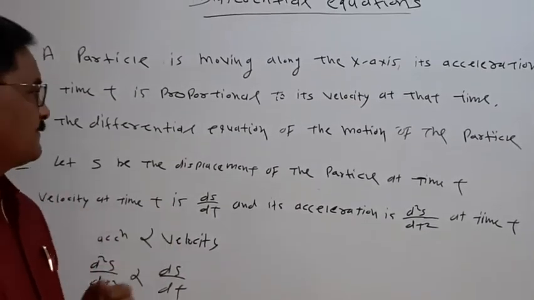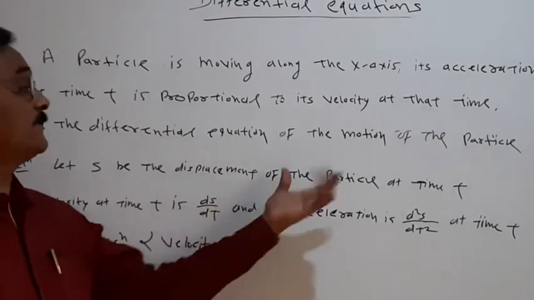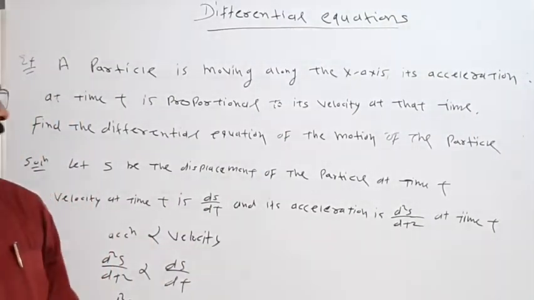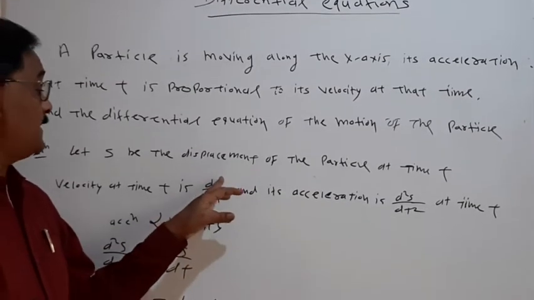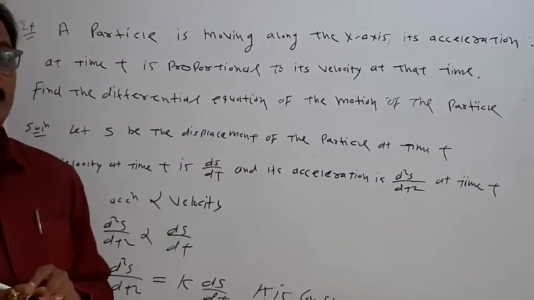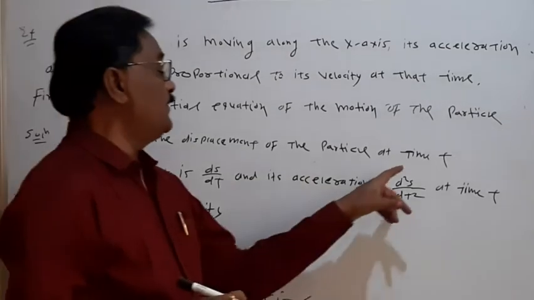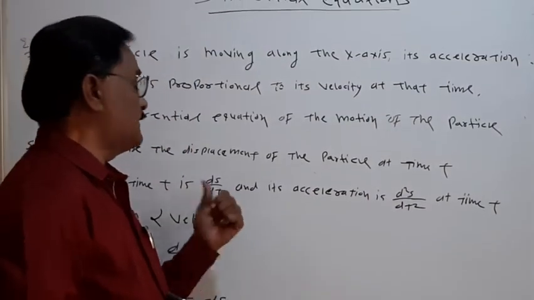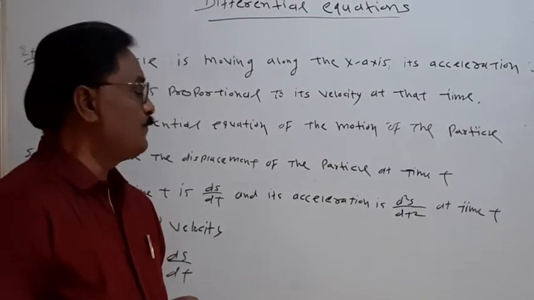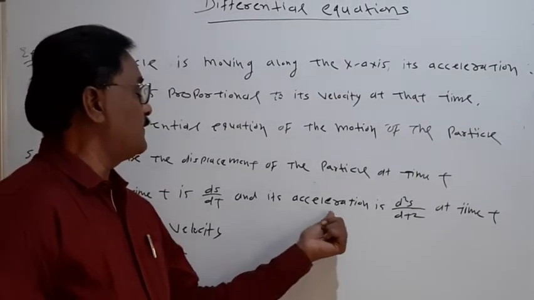So s is the displacement of the particle, and ds by dt, the rate of change of displacement with respect to time, is called velocity. And d2s by dt square, the rate of change of this velocity with respect to time, is called acceleration.